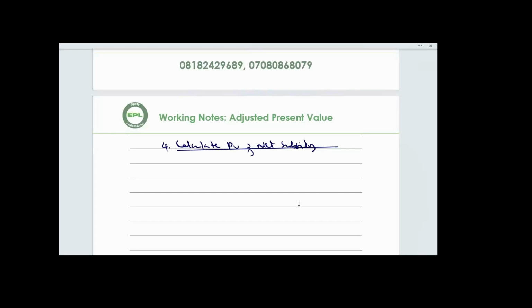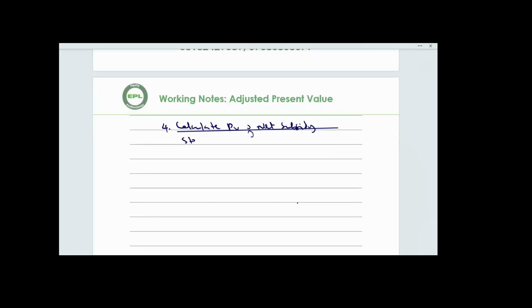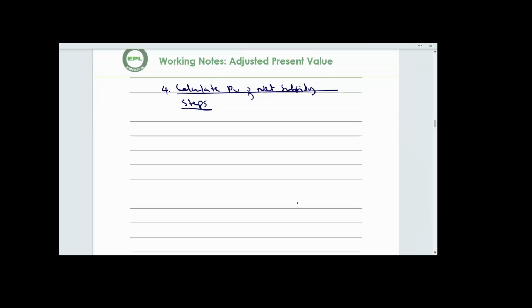How do you calculate PV of net subsidy? There are 4 procedures. I've already broken everything down step by step for your understanding. Step 1, calculate subsidy amounts, SA.